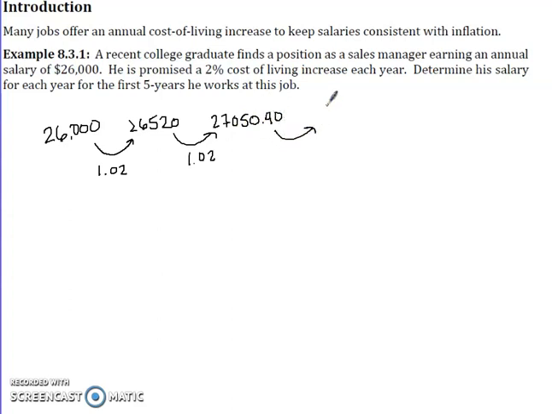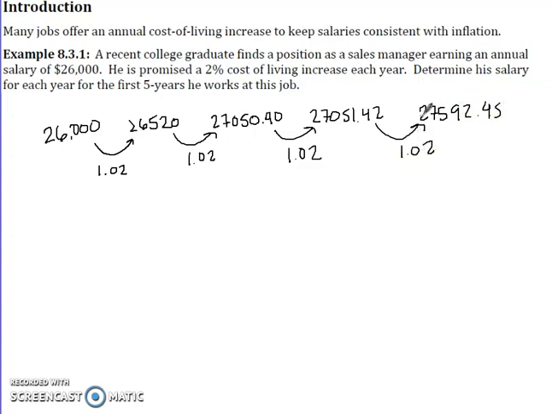In the fourth year we get another 2% raise, so we multiply by 1.02 again for a total of $27,591.42, and in the fifth year we get another 2% raise, giving us a total salary of $27,592 and approximately 45 cents.